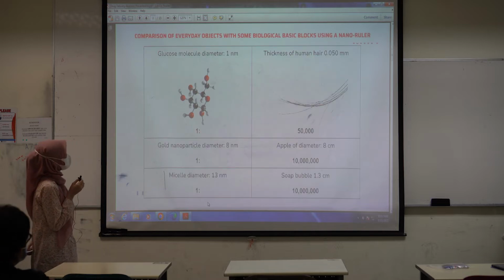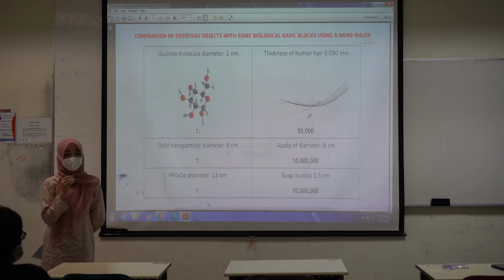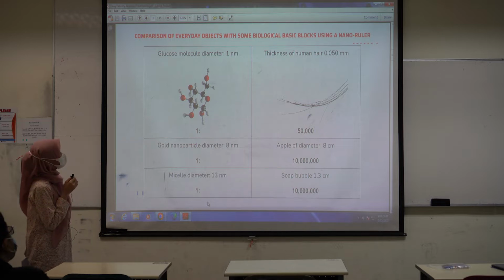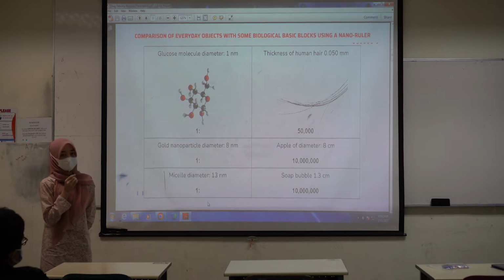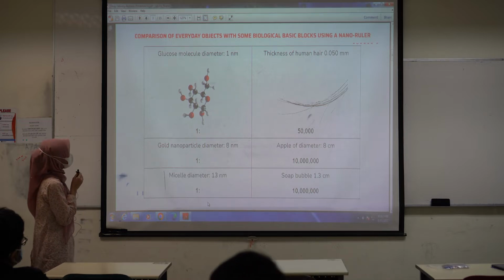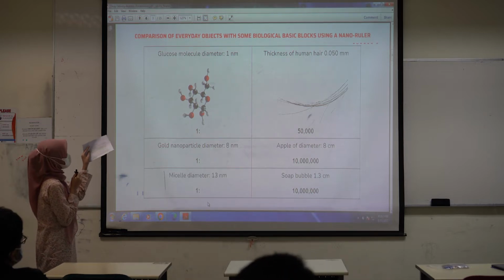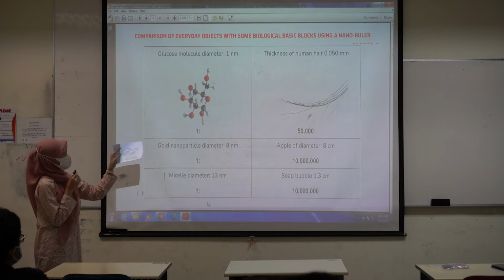In order to gain a feeling of the relative size of a nanometer, this table compares everyday objects with some biological building blocks using a nanoruler. In the first example, it compares the size of a glucose molecule with the thickness of human hair.